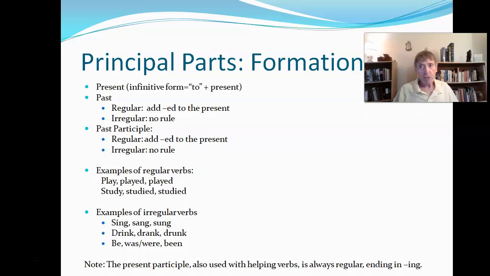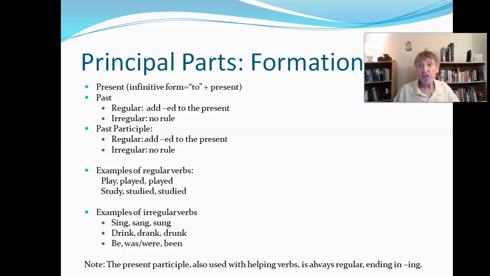So there's some overlapping of terms, but we have the present principal part, which is the same as the present form of the verb. So, for example, the verb study. The present principal part is study. It is also sometimes referred to as the infinitive form because it is the form if you put the preposition to in front of it: to study, to act, to play, to work.